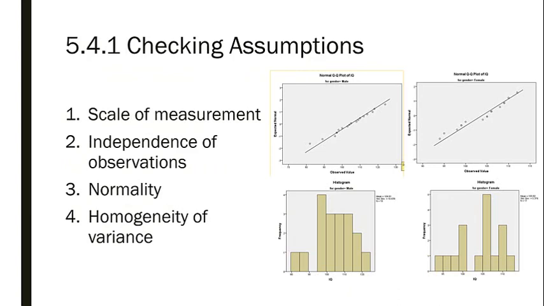Right, and we check the same assumptions as we did for example 1. We don't need to worry about scale of measurement. Like I said, there's some controversy over whether you might use IQ score in the same way that you'd use interval or ratio scale variables because it's technically an ordinal scale measure, but it's well validated that IQ scores behave like interval ratio scale variables.